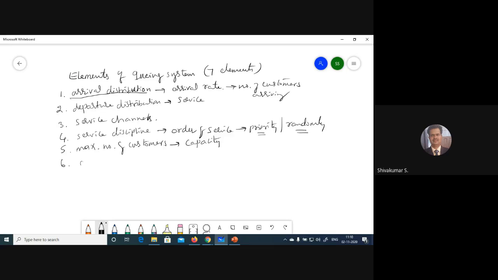Calling source or population. It's very important. Let us take the toll example here: the type of vehicles is very important. If all cars have a FASTag, things will move fast.